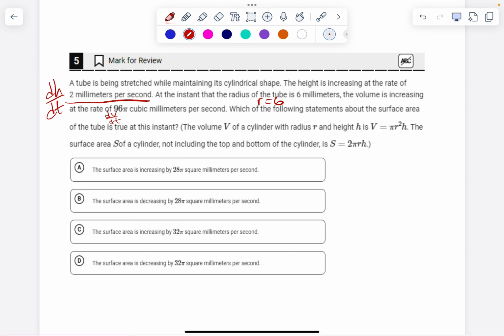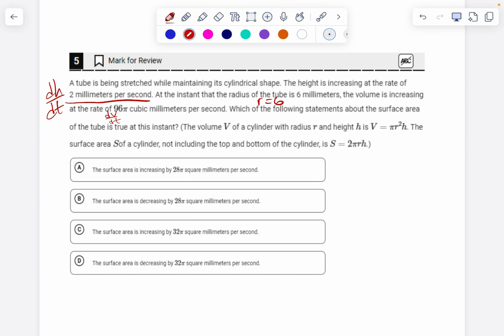Am I in your way? Probably, let's see. Here would be my strategy doing this problem. It says which of the statements is true. I'm going to glance down here, and all of them say increasing or decreasing. So that is what in terms of our equation labels. Area increasing or decreasing.